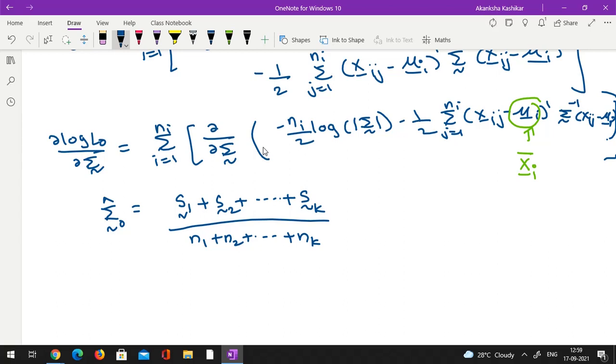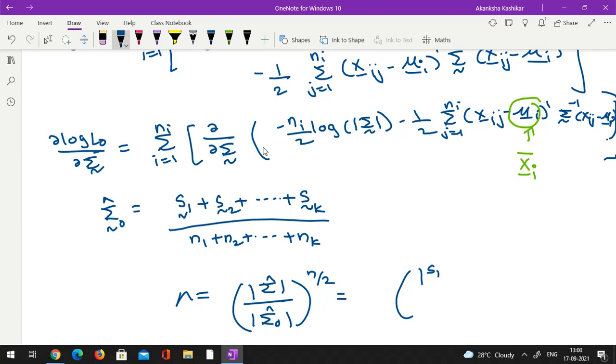My likelihood ratio test statistic would again be determinant of sigma hat under the overall setup upon determinant of sigma hat under the null setup, raised to n by 2. Under the overall setup I would have S1 by N1, S2 by N2, correct?